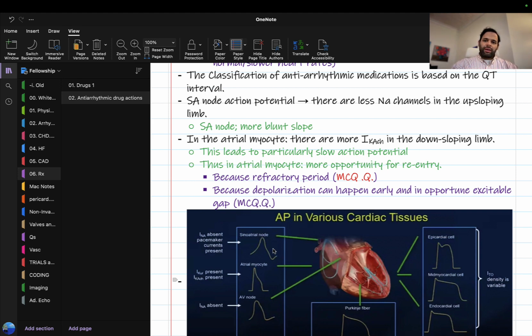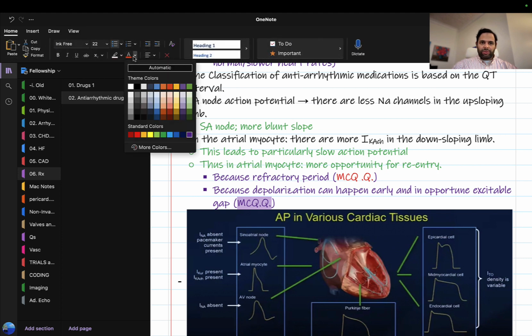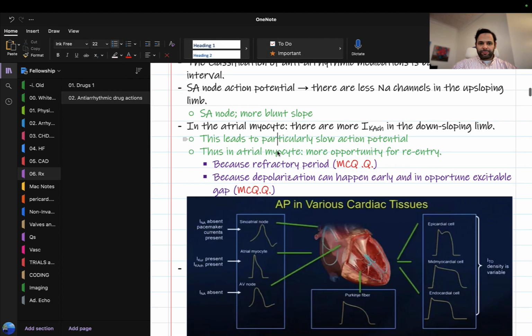But what that does is, if I have a particularly slow action potential, then that gives me more opportunity for re-entry because of the refractory period, because depolarization can happen early, and inappropriate excitable gaps. Those are issues that did appear in previous exams on MCQs, whether on boards or in question banks.